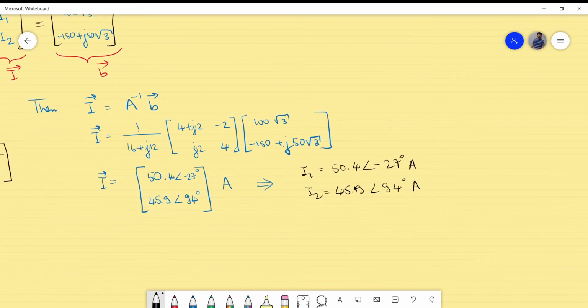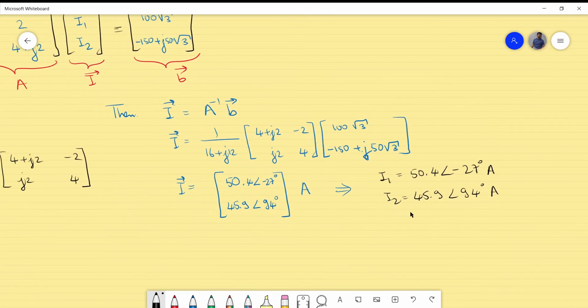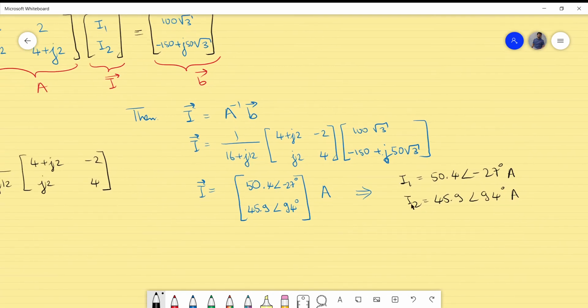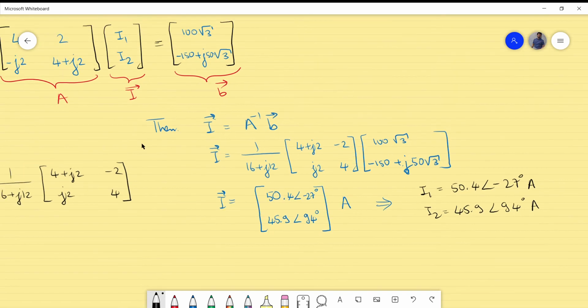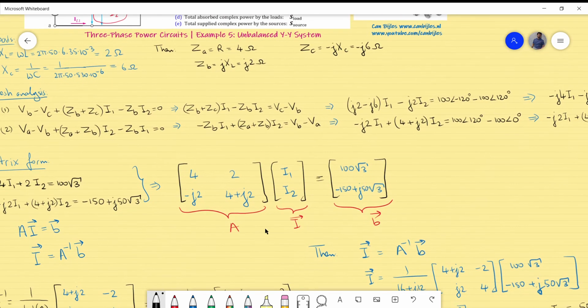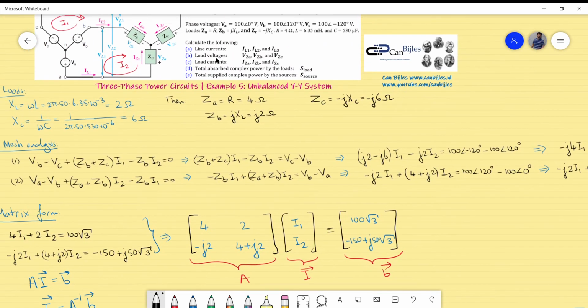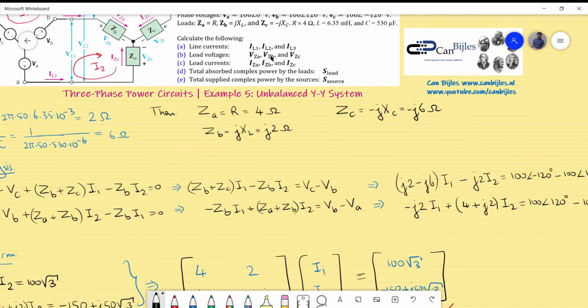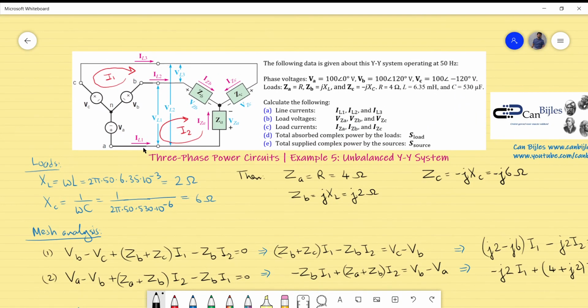So I have these two currents. What I now like to do is use these two, I1 and I2, to determine the line currents, because those were the questions. So line currents IL1, IL2, and IL3. If I look carefully, IL1 is minus I2. This is what's shown here.